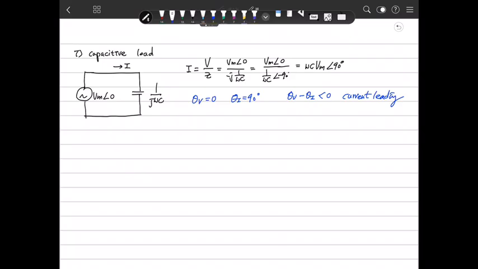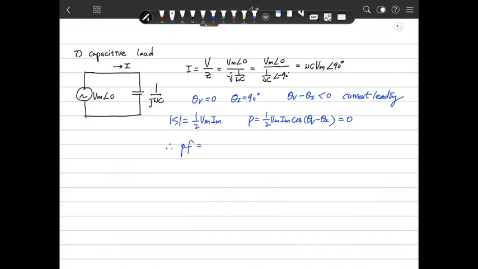The power P is half Vm Im cosine of theta V minus theta I. That will be 0.